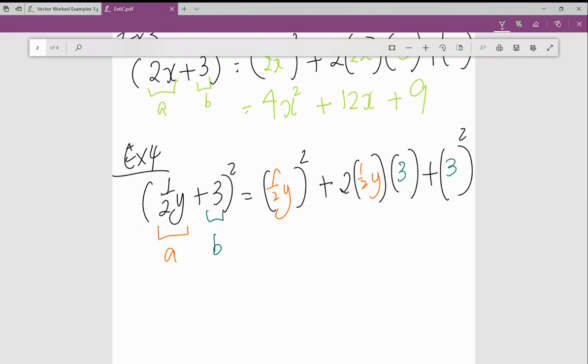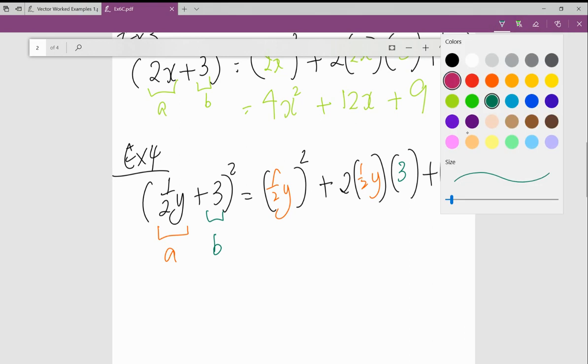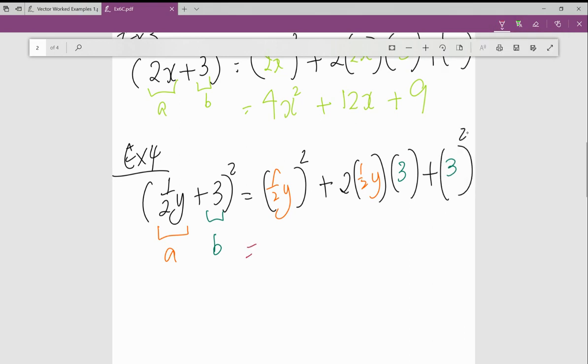So the answer becomes half of this is 1/4 y squared plus 2 times half times 3 is 3y plus 9. That's it. We cannot simplify it any further.